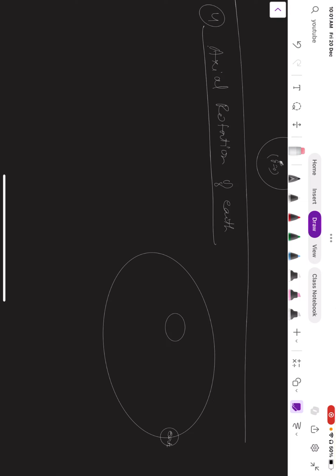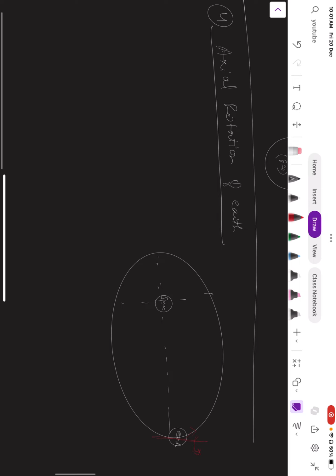The sun is not at the center, it is at one focus of the ellipse, and everything is moving. But the earth has two motions: one around the sun, and second about its own axis. Now the formula for this axial rotation is g' = g minus R omega square cos square phi. What does this mean?